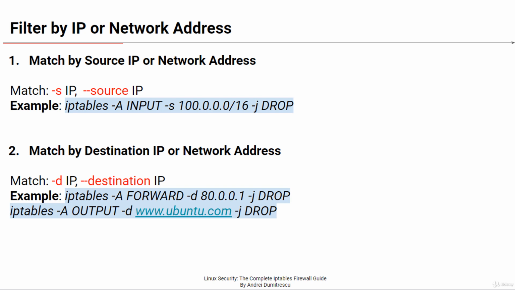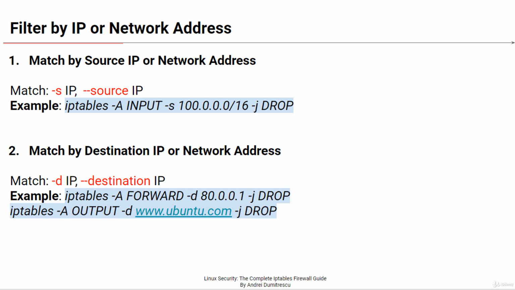Address can be either a single IP address like 192.168.0.1, a network IP address with a /mask specification like 10.0.0.0/8, or a domain name like www.linux.com.